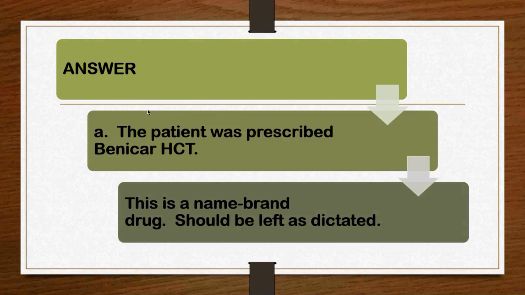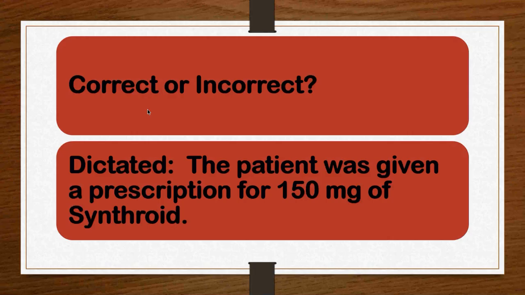There are a couple of them that fit this pattern, so always look up your drugs to make sure. If it was something and then HCTZ, every single time you would spell that out. But if it's a name brand and it includes HCT, you leave it as that. Okay, we've got two more, I think.